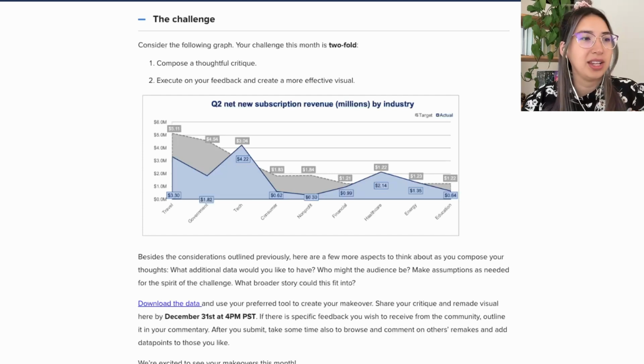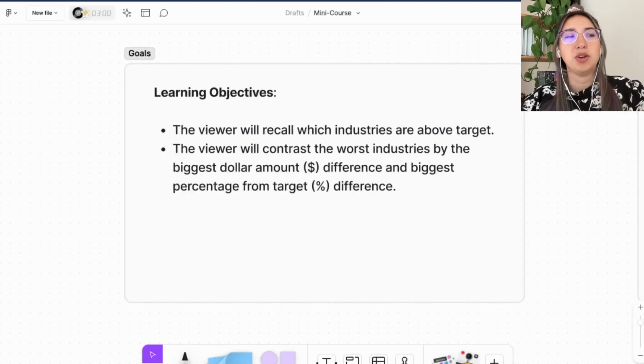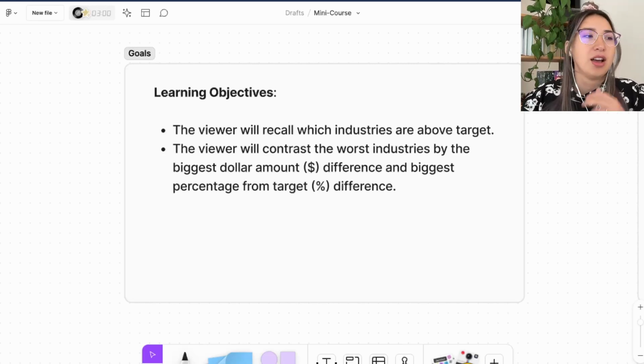So $2 million you underperformed, but you could also do it by percentage, like you underperformed by 50%. So those are our learning objectives.